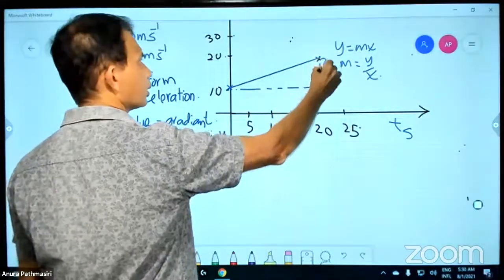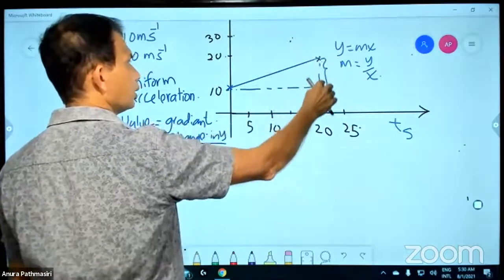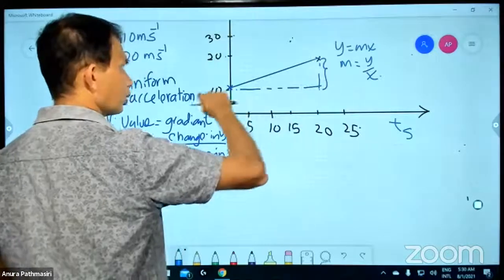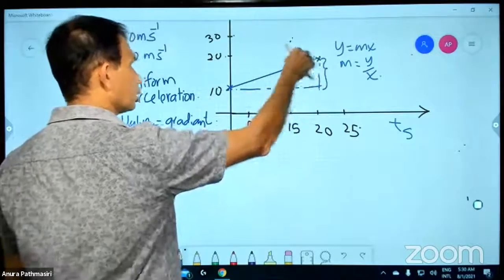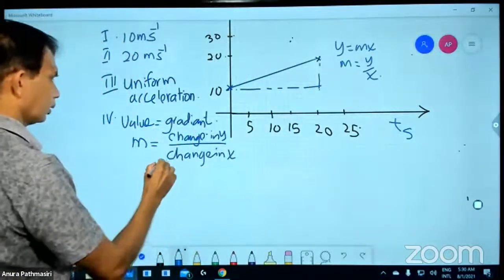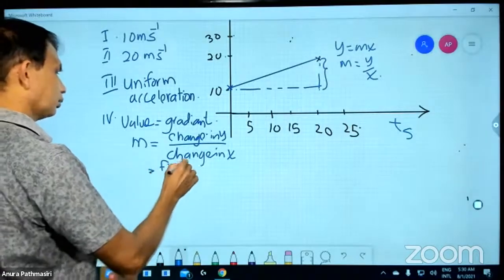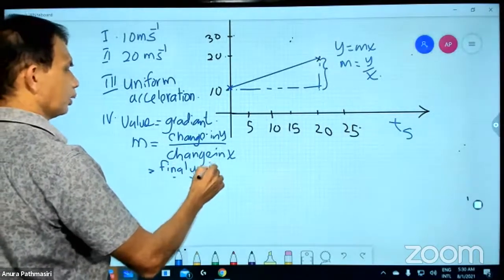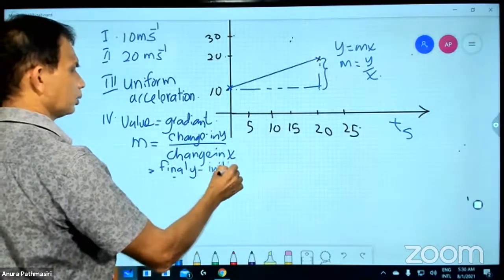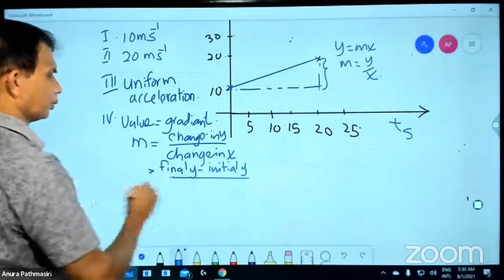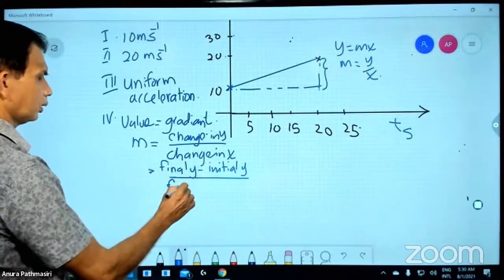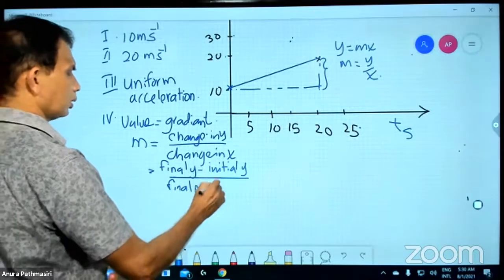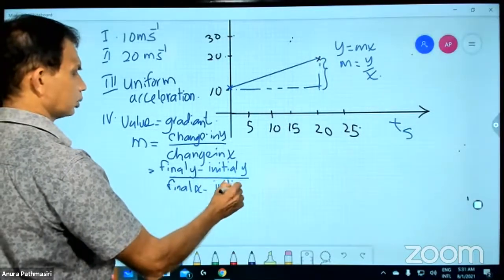Change in y is final velocity minus initial velocity, so final y minus initial y upon final x minus initial x.